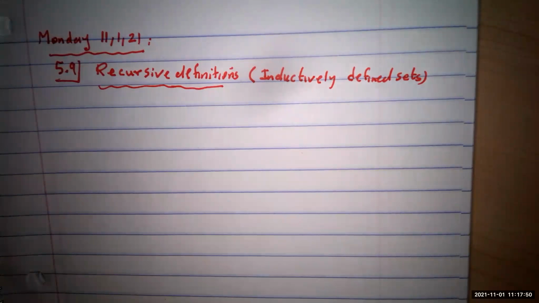So we say that recursive definitions, or inductive definitions, of a set, of a procedure, always consist of the following three distinct steps, or we call them clauses.